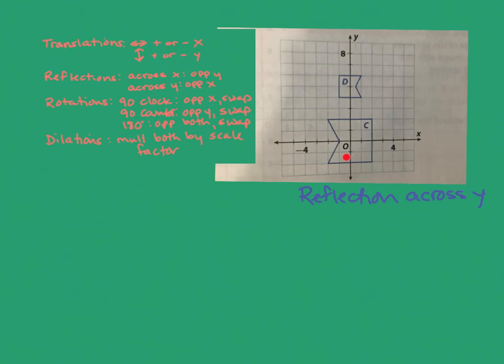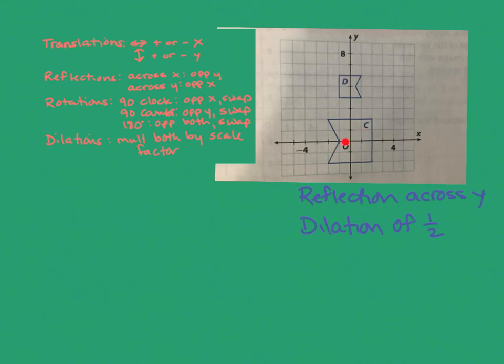So now if I reflect this across the y, I'll have it facing the same direction. You can see that this one's smaller, so we have a dilation that cuts it, looks like in half, because I have 4 there and 2 there. So I have a dilation of 1/2 to shrink it. So I multiply those by 1/2 to make it smaller.